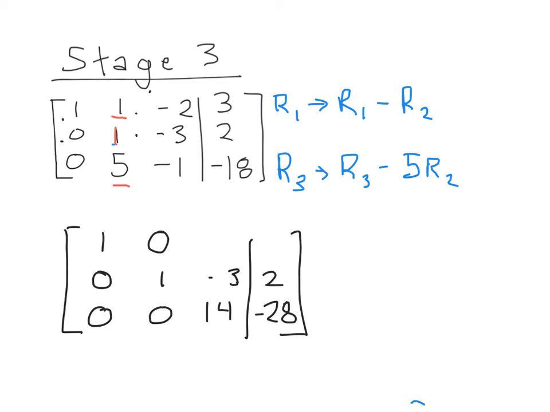Negative 2 minus minus 3, so negative 2 plus 3 makes a 1. And 3 minus 2 makes another 1 for us. Now again, we want to make the next leading 1, so we will divide that last row by 14. Let's do that in the next stage.